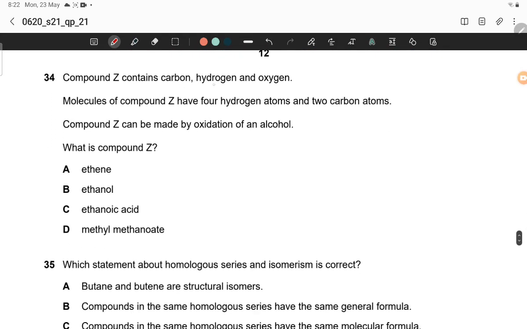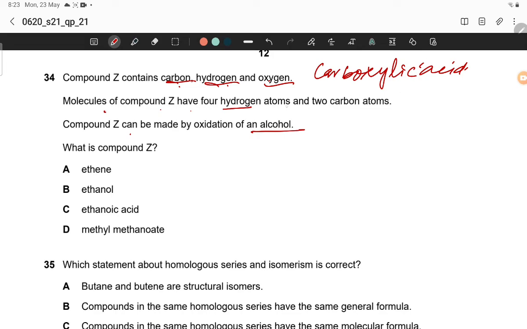Compound Z contains carbon, hydrogen and oxygen. Molecules of compound Z have 4 hydrogen atoms and 2 carbon atoms. Compound Z can be made by oxidation of an alcohol. Carbon, hydrogen and oxygen, this is an alcohol. This is a carboxylic acid. Z is a carboxylic acid which contains carbon, hydrogen and oxygen, with 4 hydrogen atoms and 2 carbon atoms.